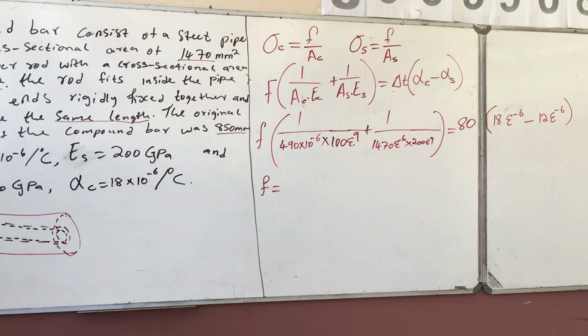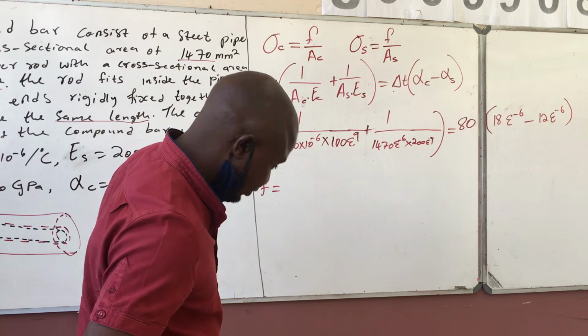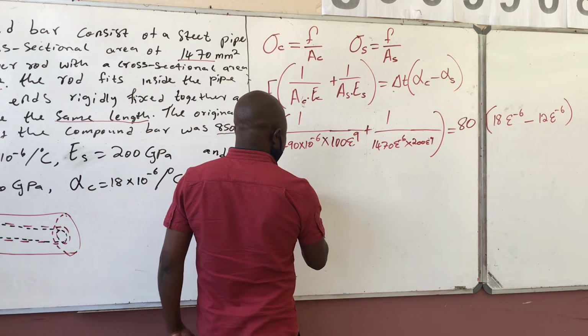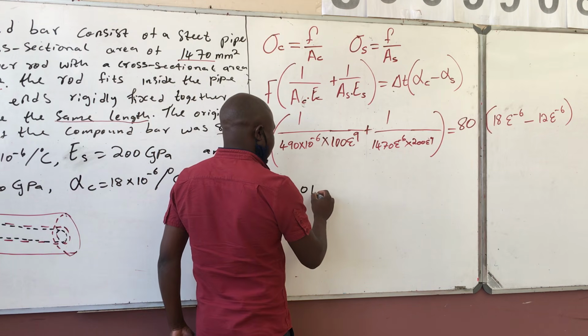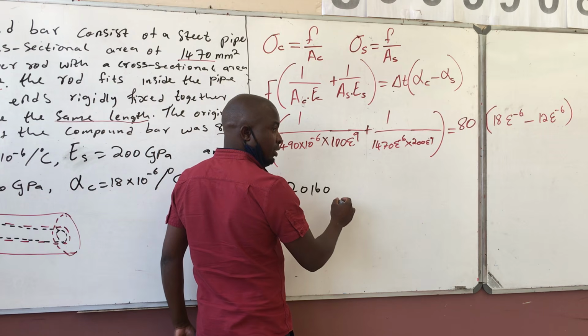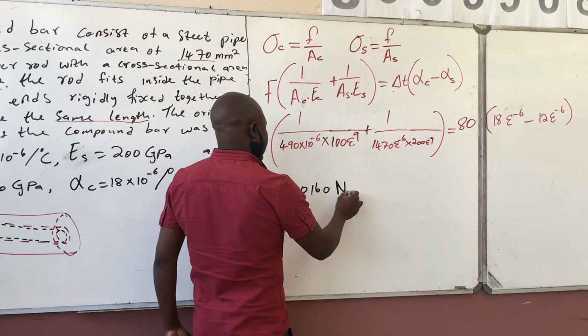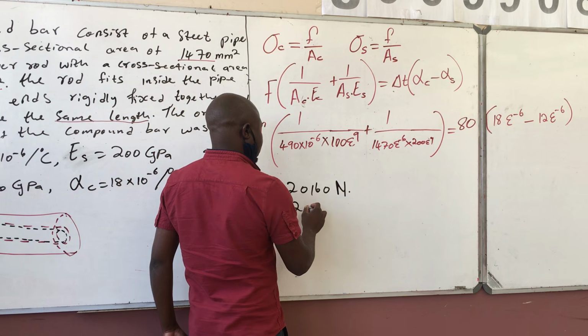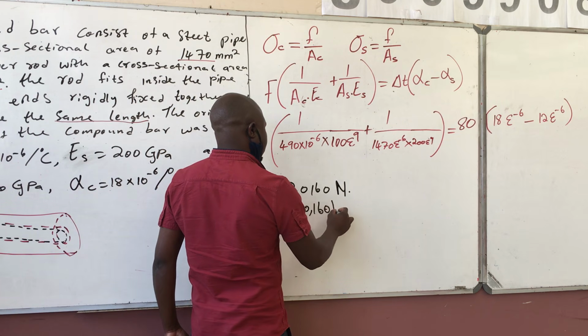Hey, you're good in that. 16 0. Is it Newton or kilonewton? Newton. Meaning in kilonewton will be 20,160 kilonewton.